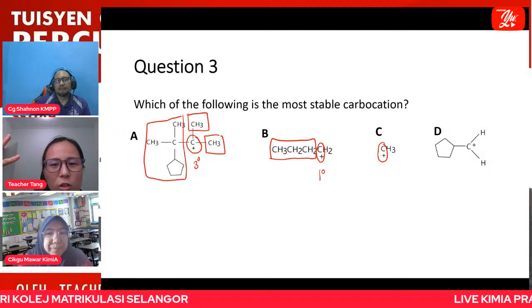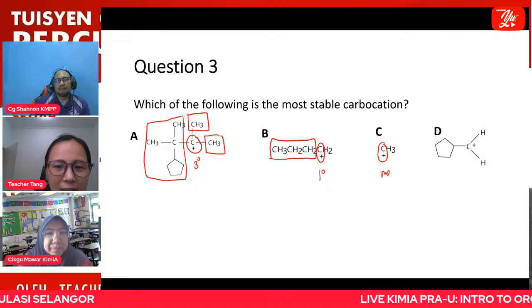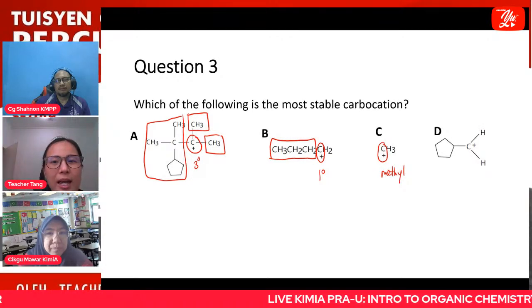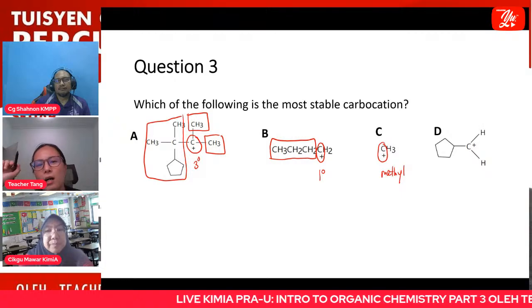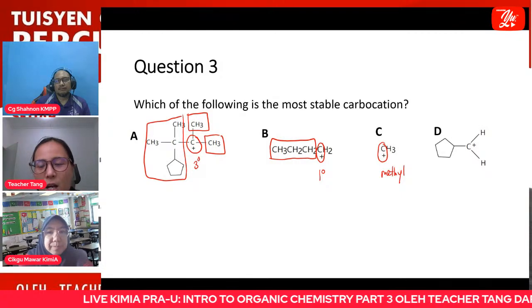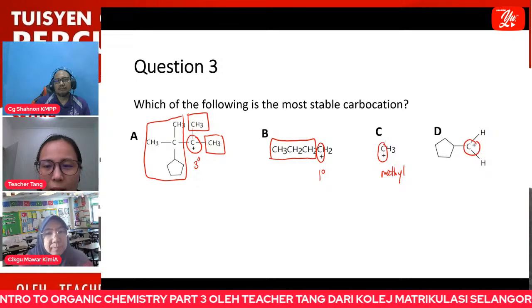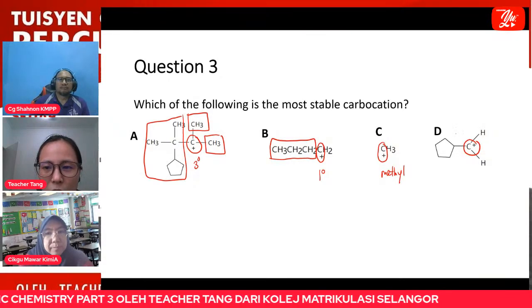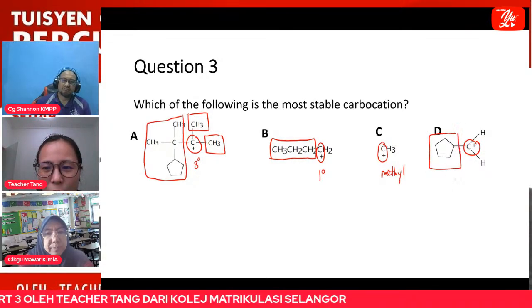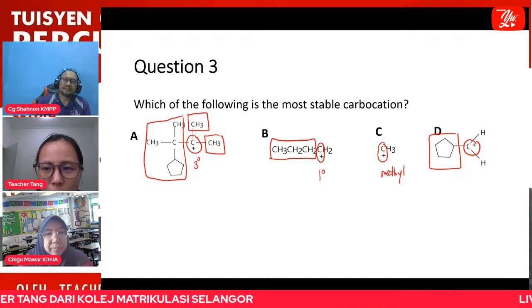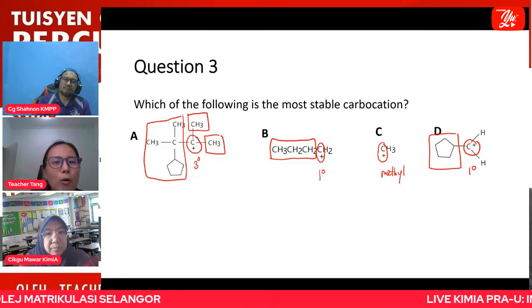So this is a methyl cation, or methyl carbocation. And D, circle the reference carbon. 2 hydrogens means only 1 alkyl group, so this is a primary carbocation.